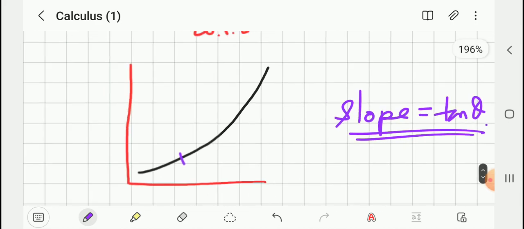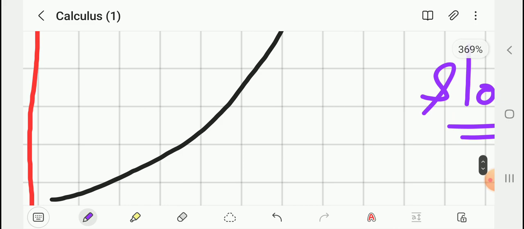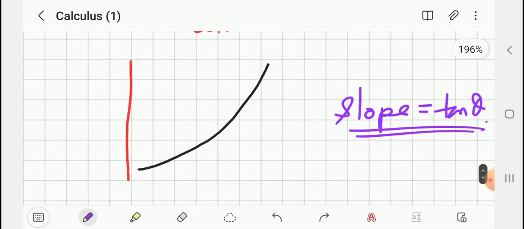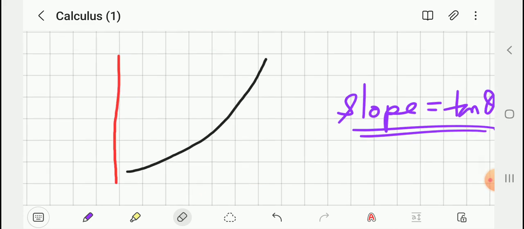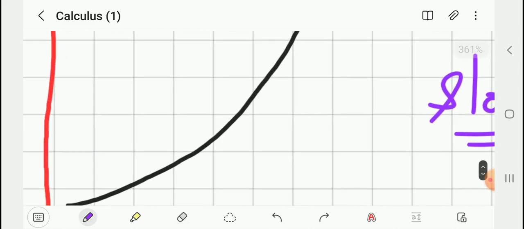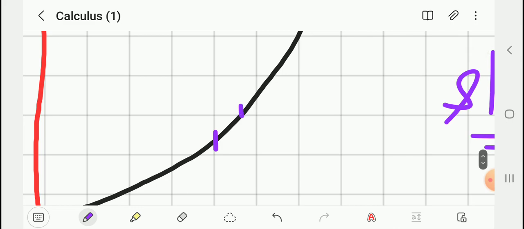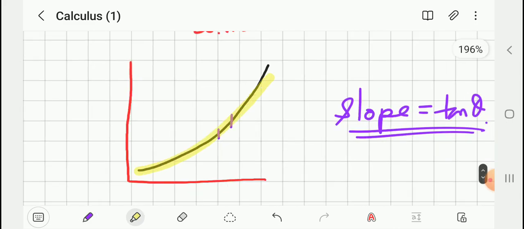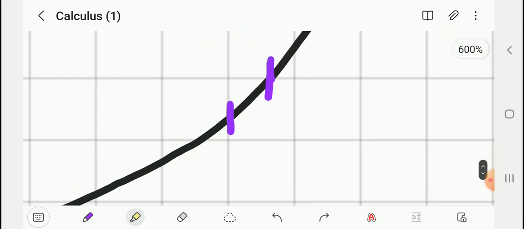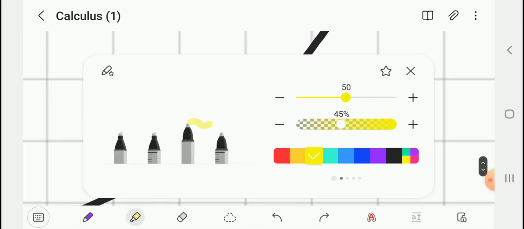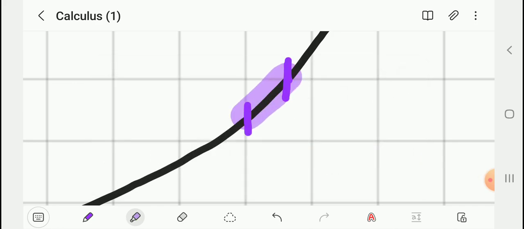So we take a very small section of this graph at the particular point. We know this is a curved line, but for this small portion we can take it as a straight line.